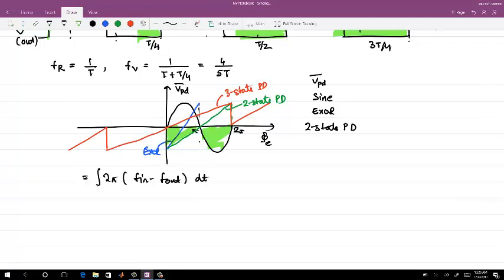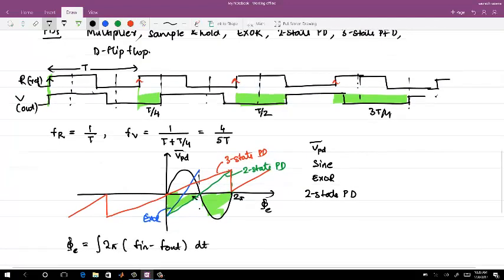We know this phase error will keep on increasing for a certain positive frequency error, and after 2 pi you can reset it in this case. You can see that resetting here very well: T by 4, T by 2, 3T by 4, again T, and then your edges are aligned. Again you start from 0, T by 4 and so on.